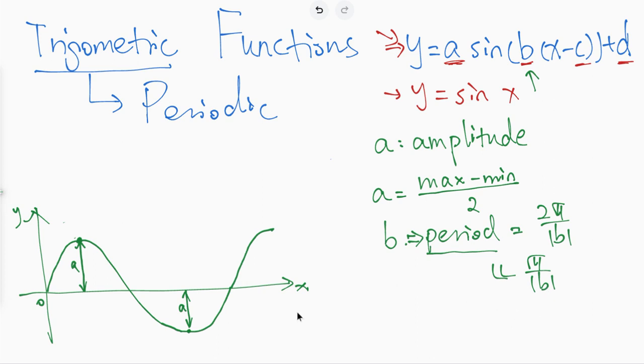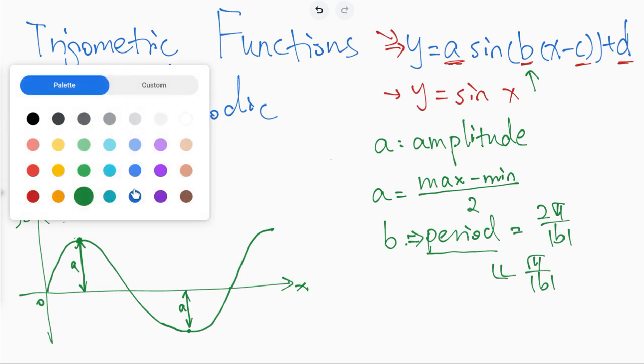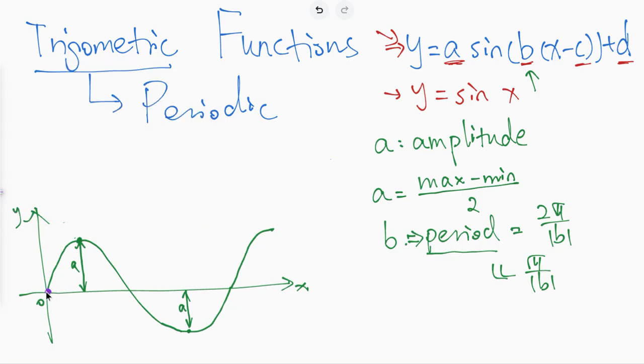This period would denote the distance from here to here. So this is how much time or distance the graph takes to complete one full cycle, which is essentially from here to here to here. So this would be one full cycle.